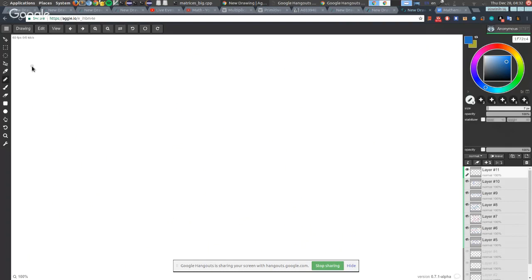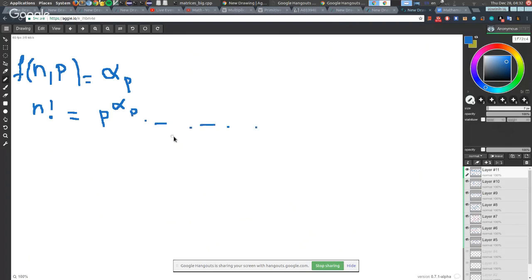So basically it would go something like that. This is the alpha of the prime P in the factorization of n factorial. So here we factorize n factorial, we'll have P to the power alpha P, and it will be the same for all of them.